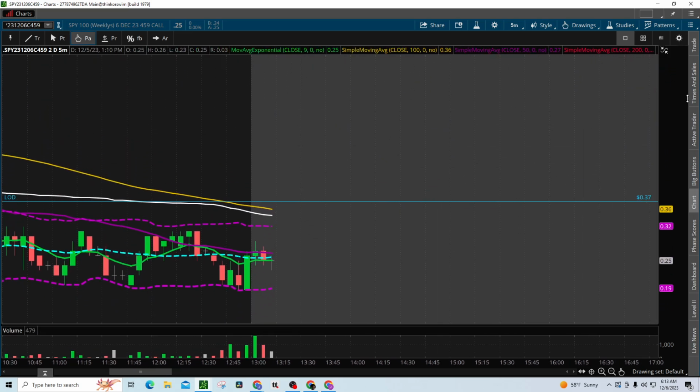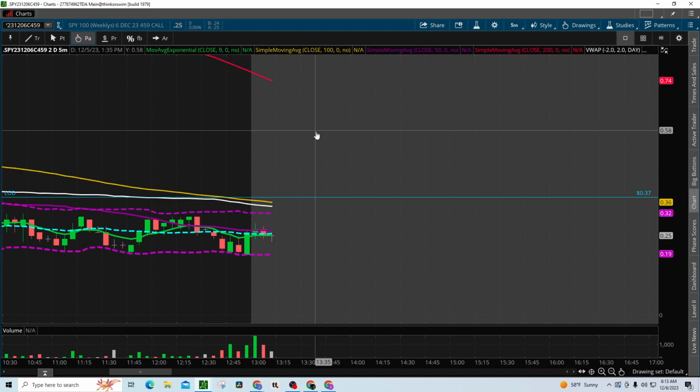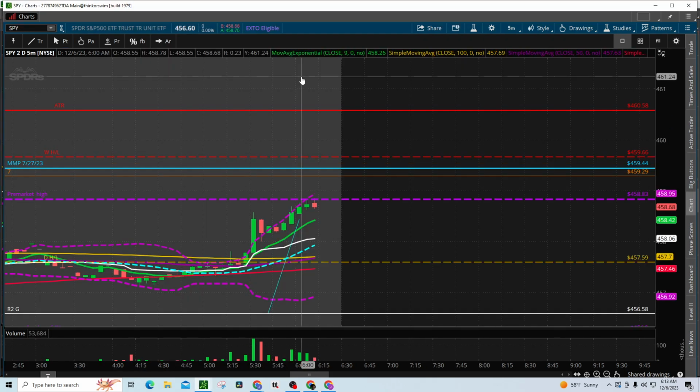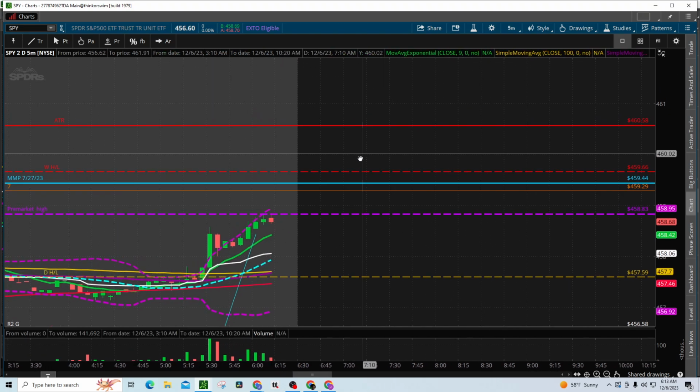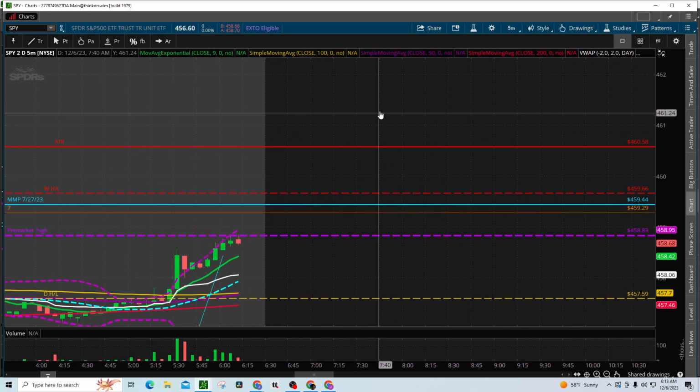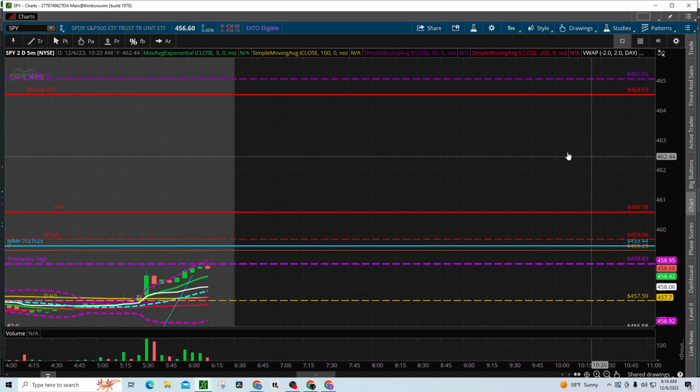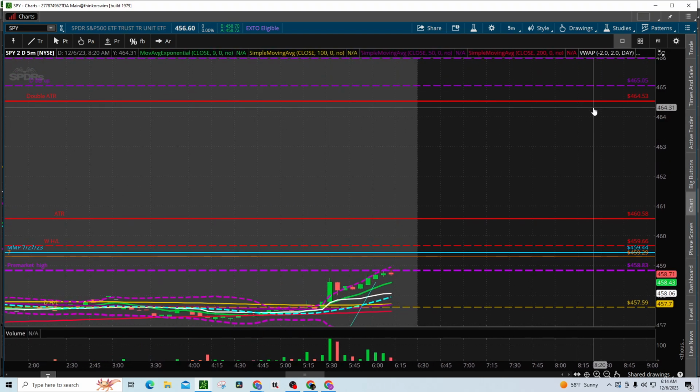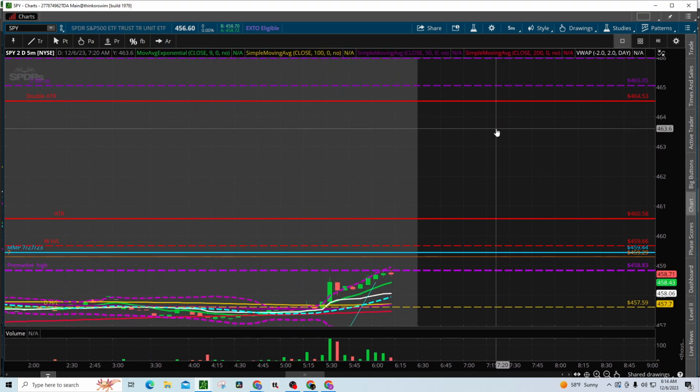This is all just trying to predict price action. This is going to come up, this is going to come down. Maybe they find resistance at the same time here as SPY finds resistance up here somewhere. But this can also just go straight up, up, up, up too, because I have no lines here.